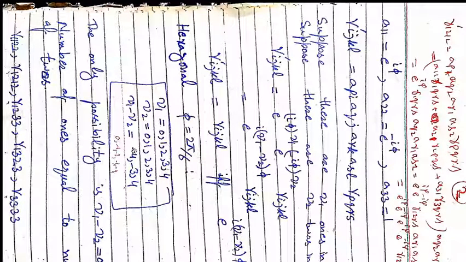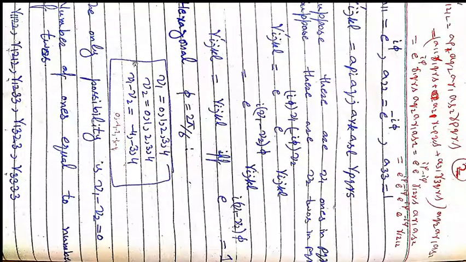Now the only possibility in which the components for this type of continuum are non-zero is possible only when this product is 0. When this product is 0, this could be equal to 1 for this case. Phi is 2 pi by 6, and if this is 0, then this could be equal to 0.